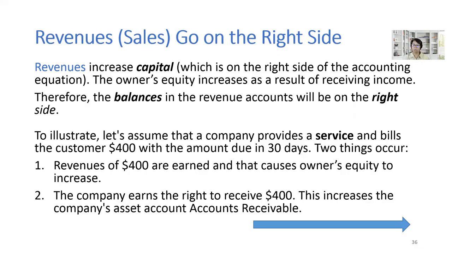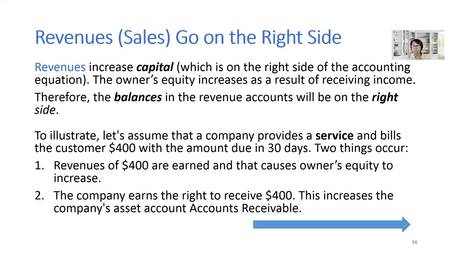Let's say you're a bookkeeper and you bill a customer $400 and they have to pay you in 30 days. They don't give you the money in the bank right away. So revenues go up. Revenue is a sale. Sale is the same as revenue.